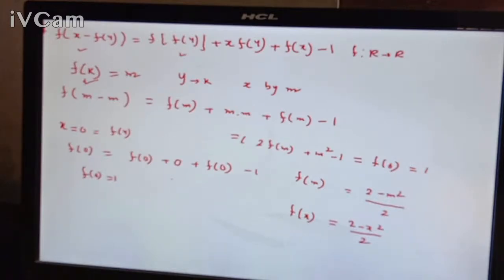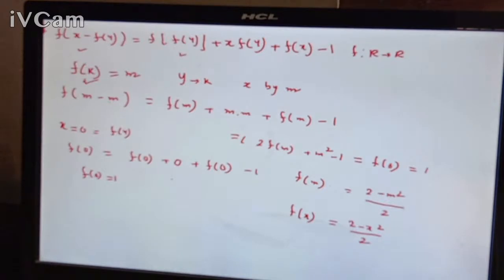We know that as f maps R into R, if we consider a value k such that f(k) equals n, and replace y by k and x by m, then we will get f of m minus n equal to f(m) plus m into n plus f(m) minus 1. In the next step, the question is how to get the value of f(0).